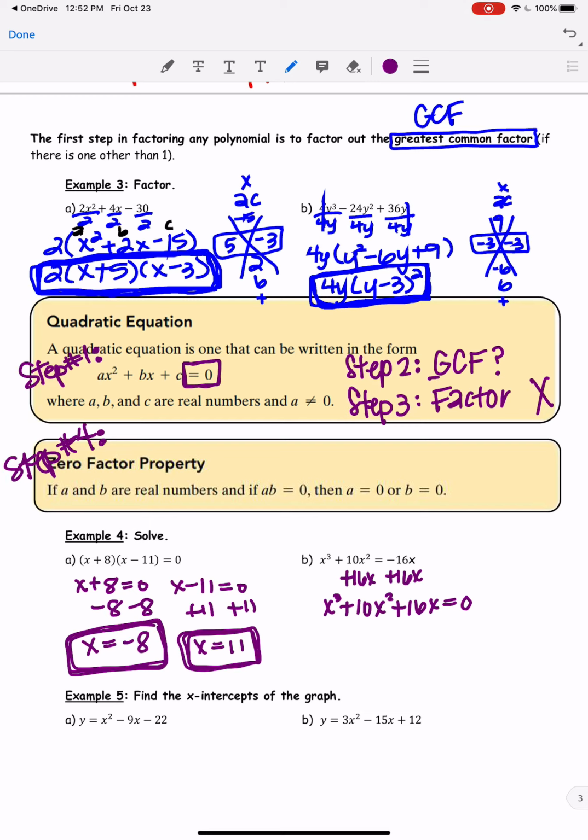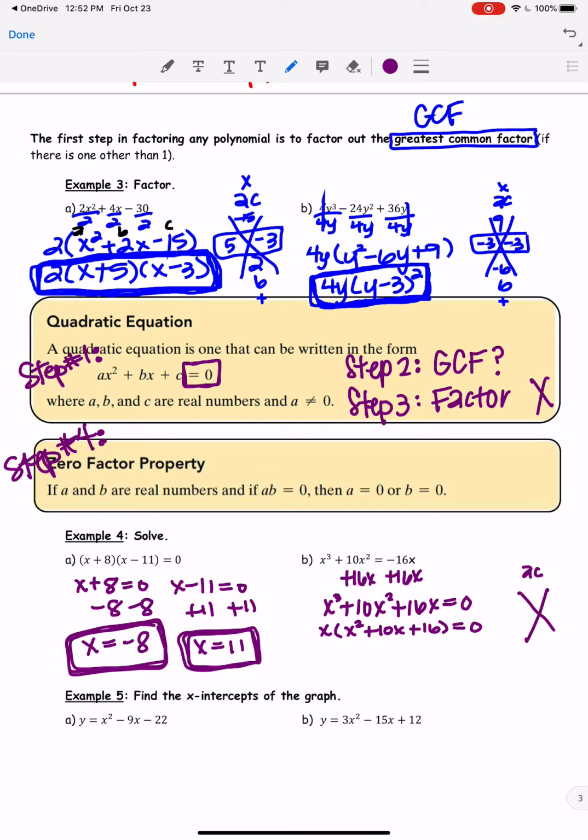Step 2, do I have a GCF? Well, I can't divide anything into 1, 10, and 16, but they all do have an x, so I can factor out an x here. That's going to leave me with an x squared plus 10x plus 16. Now I can move on to step 3 and factor.